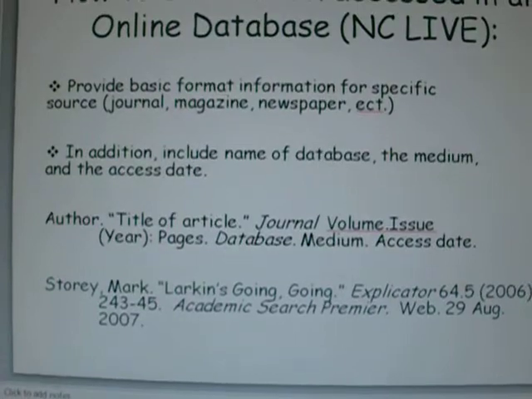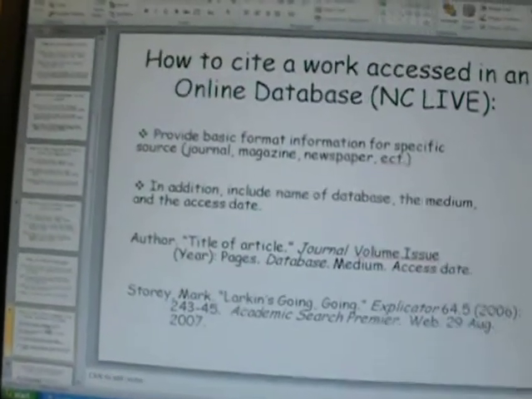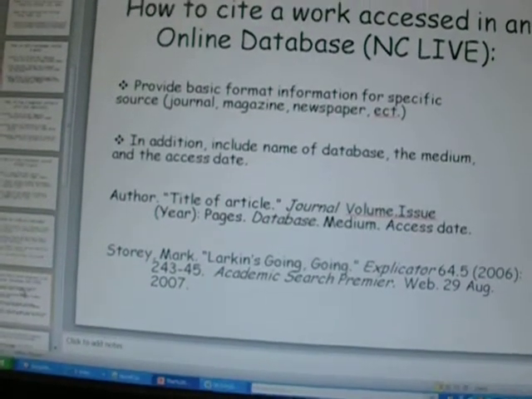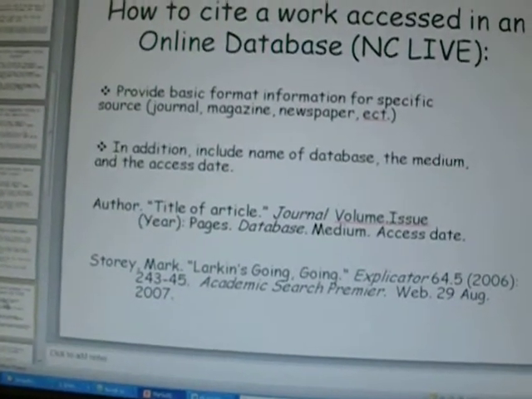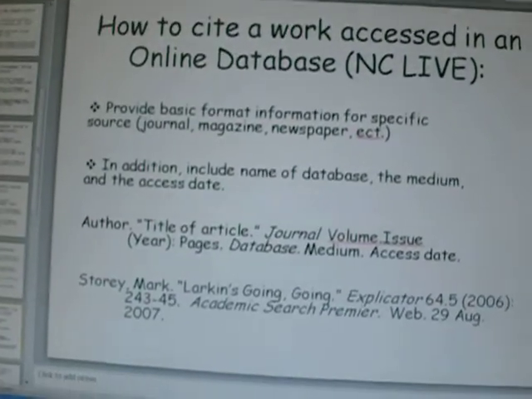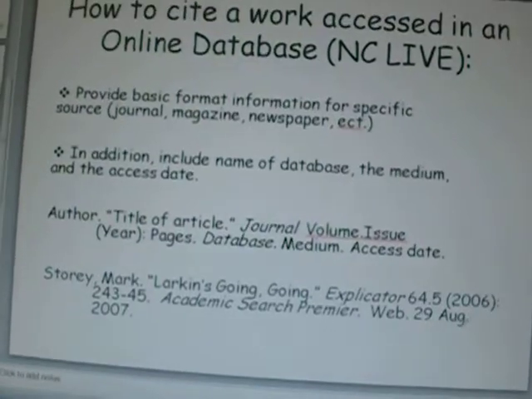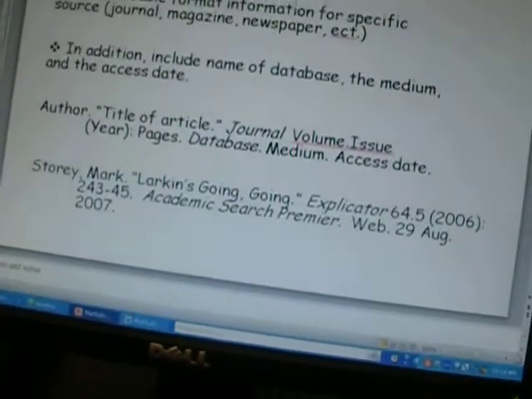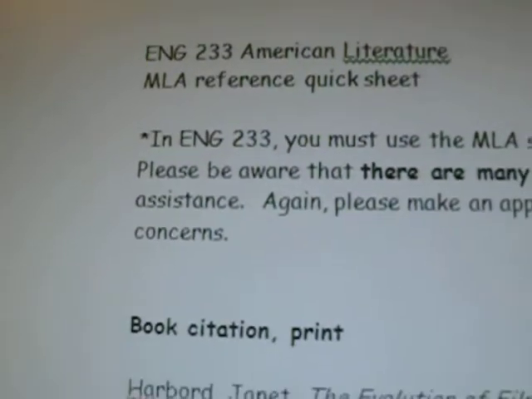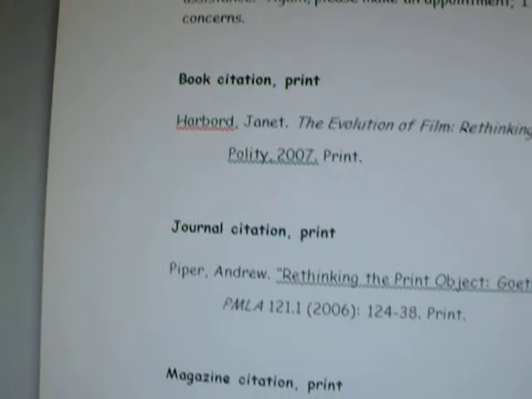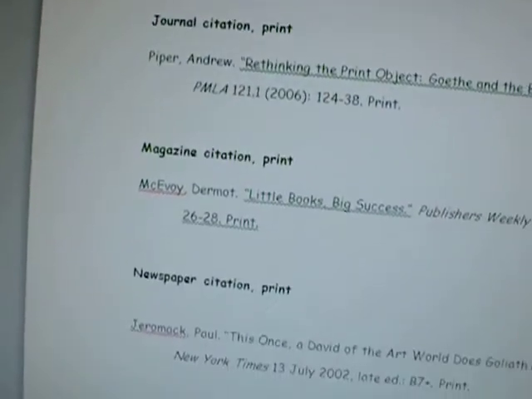So please follow these formats. Again, here's your PowerPoint. Anything accessed online or on an online database, NC Live, CQ Researcher, Opposing Viewpoints, is not print media. It's electronic media. I also gave you these MLA quick notes. I know that says English 233, but my literature class decided to share this with you.